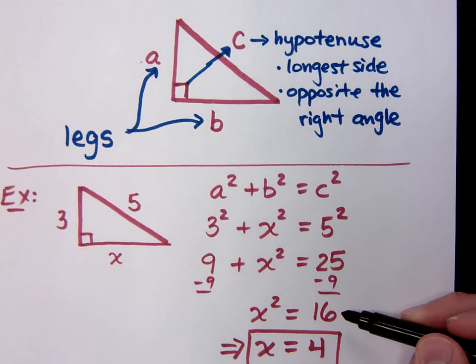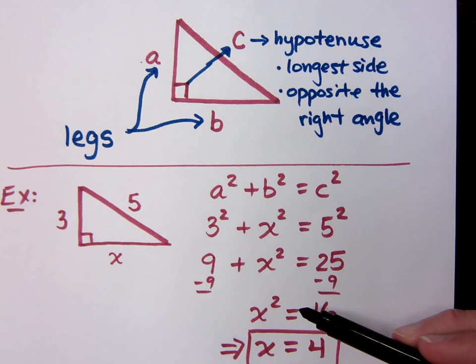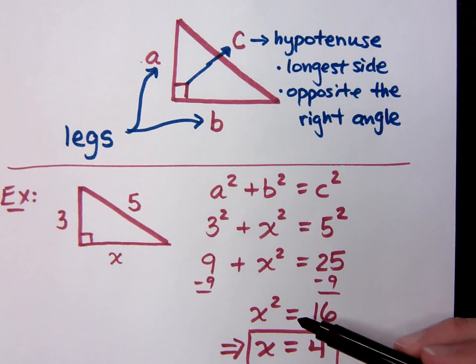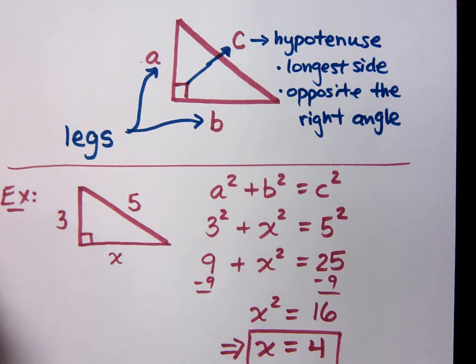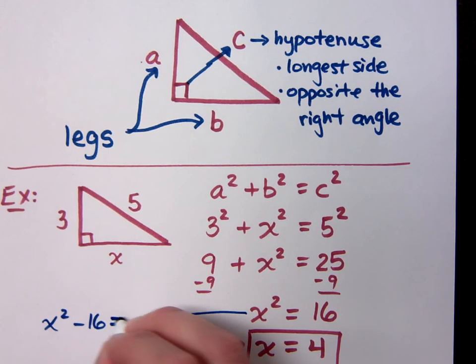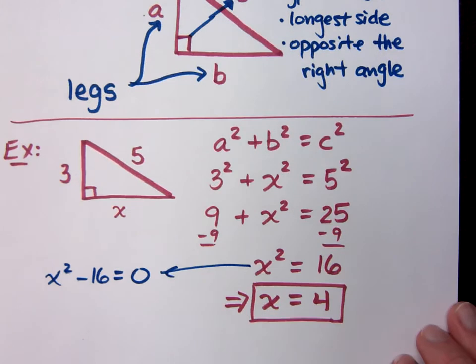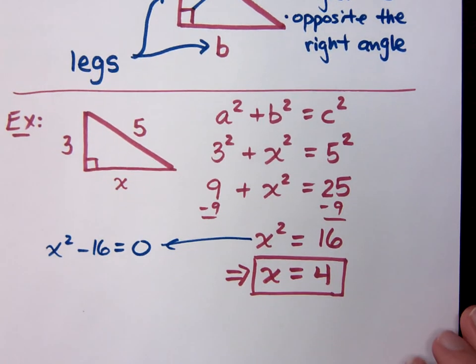Now if we think about this equation right here, I see that I have an exponent of 2, so I kind of expect to have 2 answers, right? Well, let me show you what that would really look like and why I can ignore that for this particular problem. If I moved that 16 over so that we have x squared minus 16 equals 0, if I gave you this equation, how would you solve it?